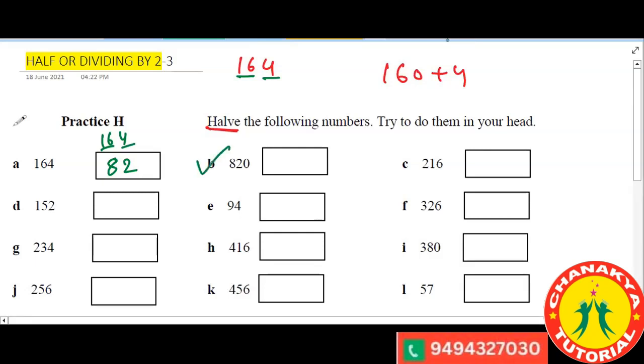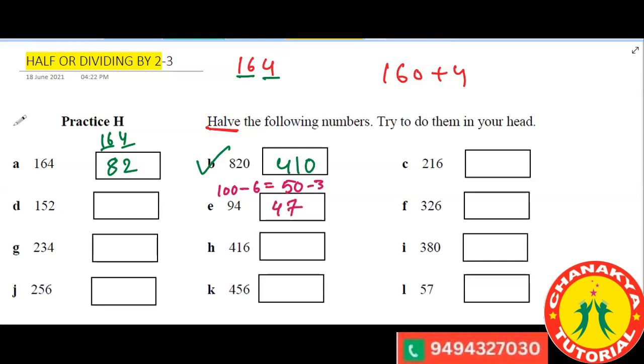Is 90 plus 4 better or 100 minus 6 is better? 100 minus 6. You only have to select that. Tell me. The half of 100 would be 50, and the half of 6 is 3. So 50 minus 3, which is 47. Correct.